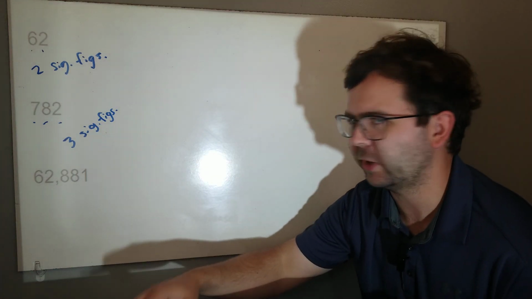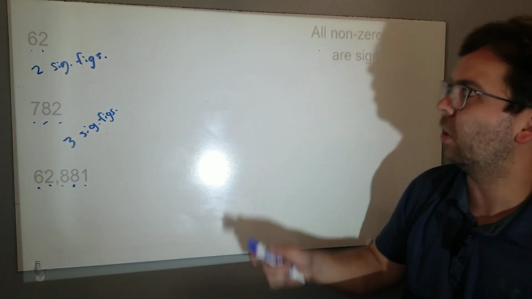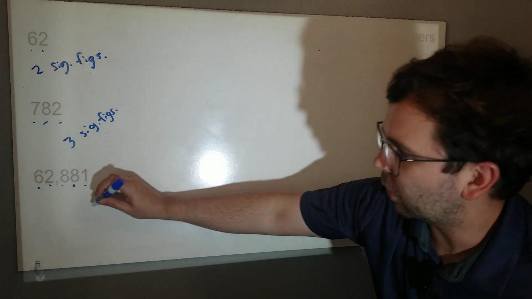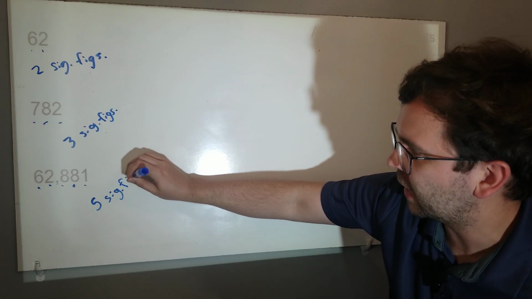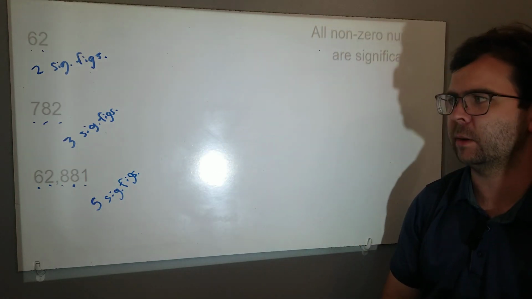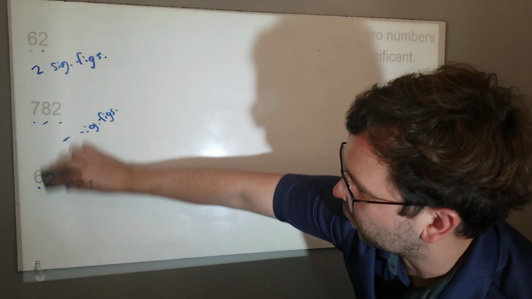All right, 62,881. 1, 2, 3, 4, 5 digits. All of them are not zero, so all of them are known to be correct. And so there are 5 significant figures in that number. So there we have it. 3 examples. Let's get a little bit more complicated though.